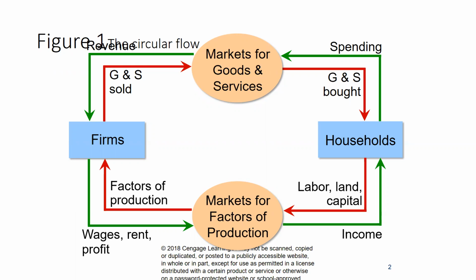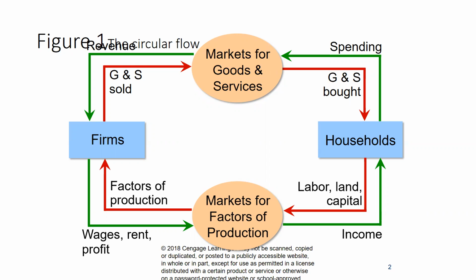Here it's really hard to think of the factors of production, but if you're going for a job, you would go for an interview, and the firms would either hire you or not. And then, of course, the firms pay wages, or rent if they're renting something from you, and they earn profit. And what I would call income is what the school pays me.